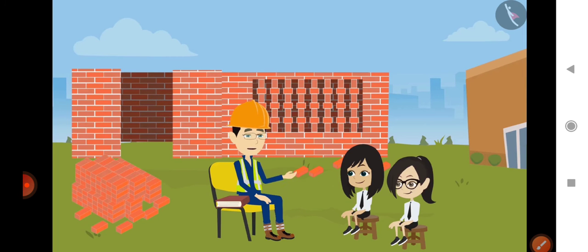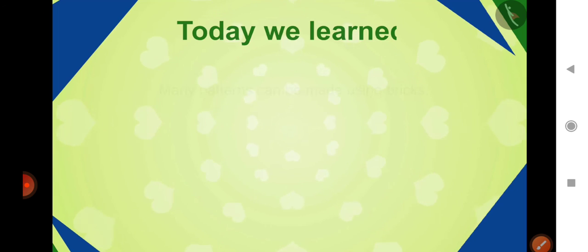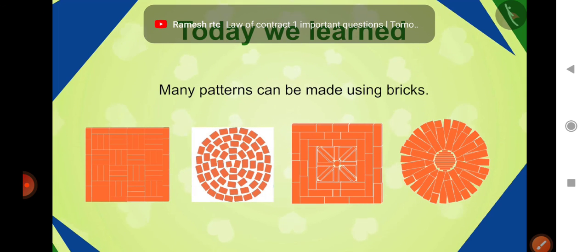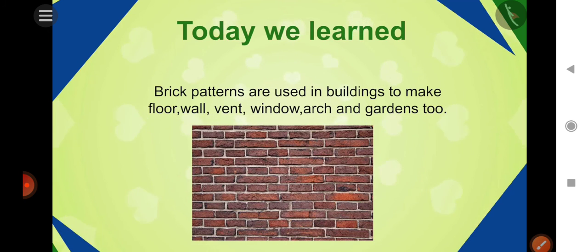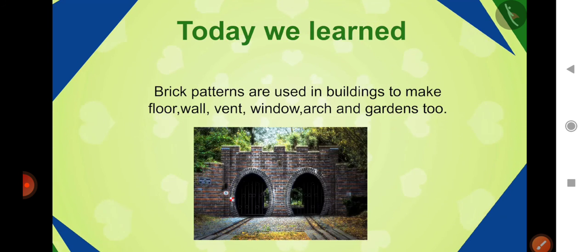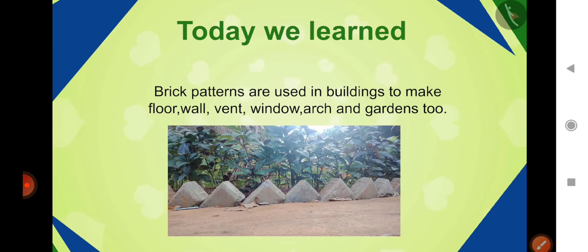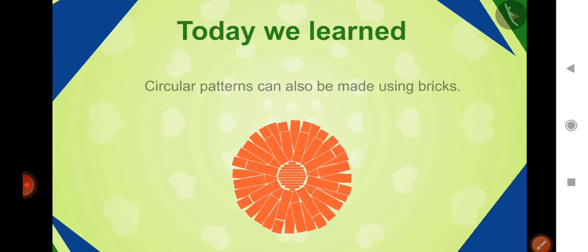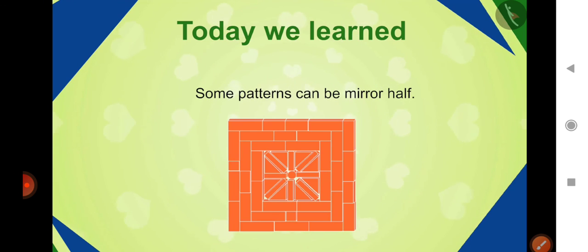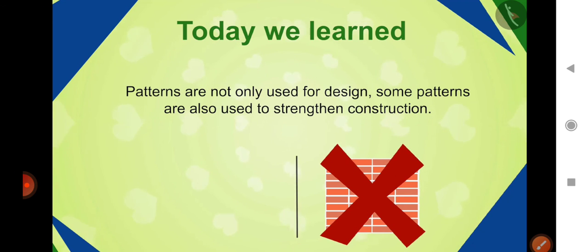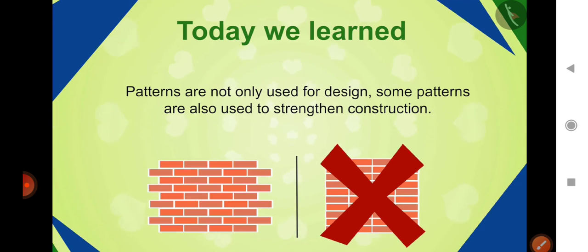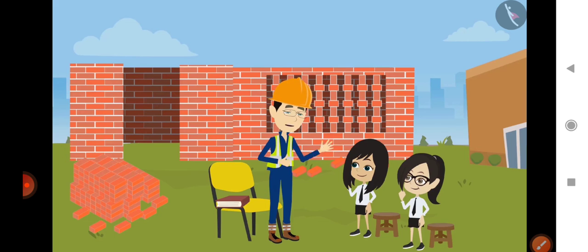You have seen many designs, but tell me, what have you learned? So we learned that many patterns can be made using bricks. The brick patterns are used in buildings to make floor, wall, vent, window, arch and gardens too. Circular patterns can also be made using bricks. Some patterns can be mirror halves. Patterns are not only used for design, some patterns also strengthen construction.